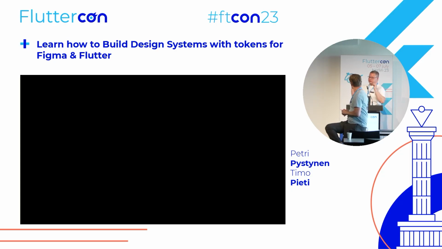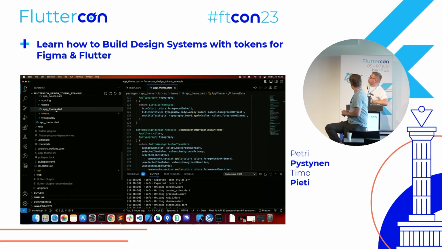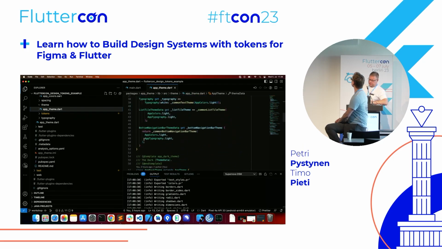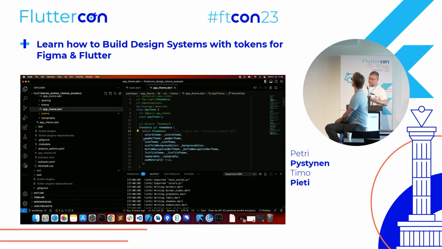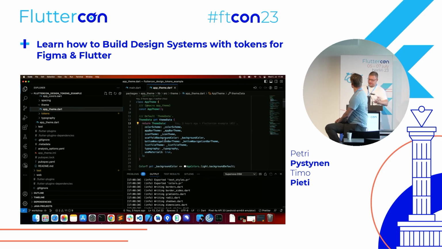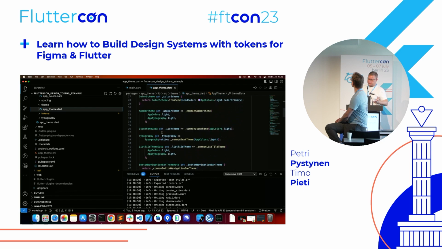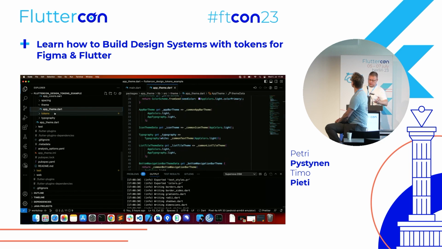I can answer that if I get the screen. In this example, we are using the material theme components, and we are just overriding them. I'm not creating custom components. I'm using the material components, and the main thing is when you are applying all the changes here and in the code.